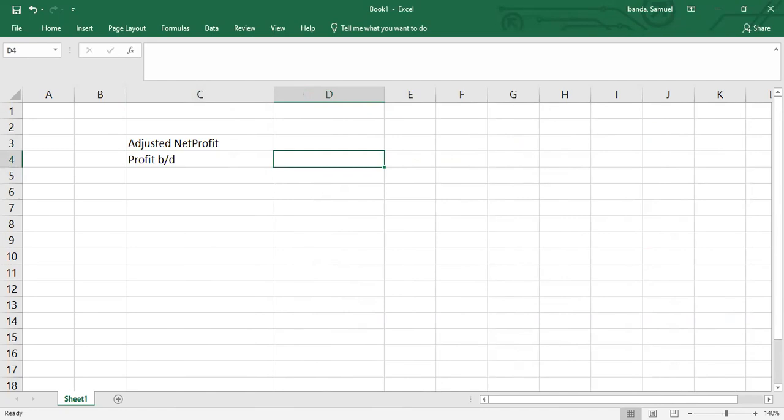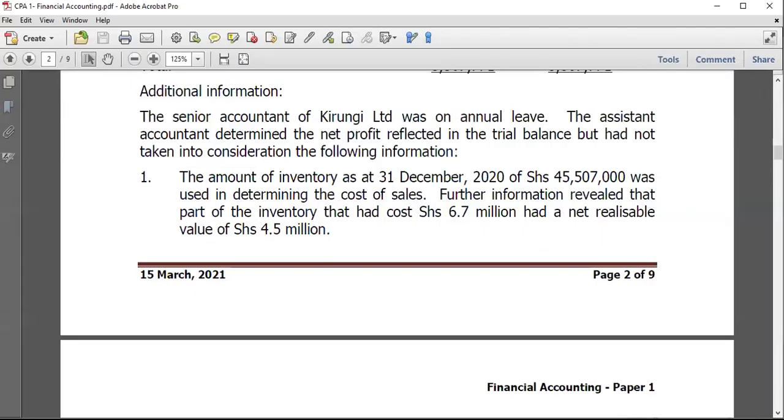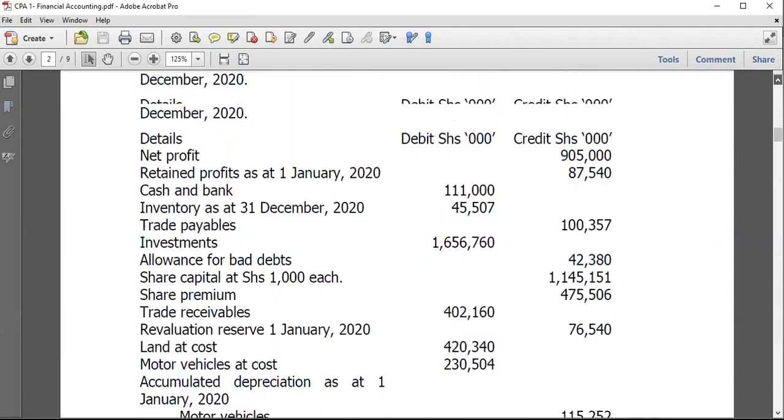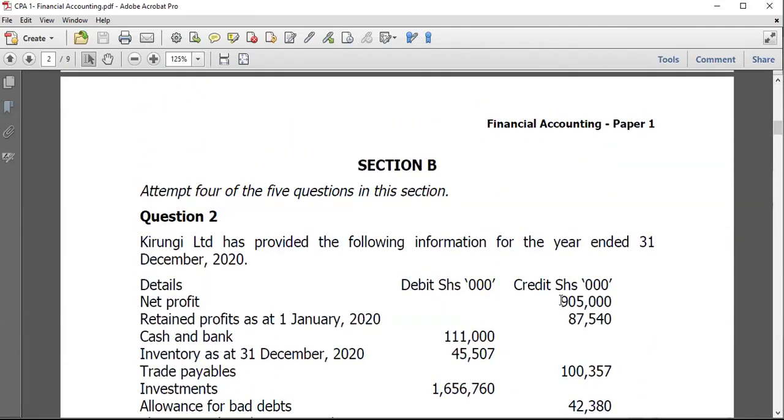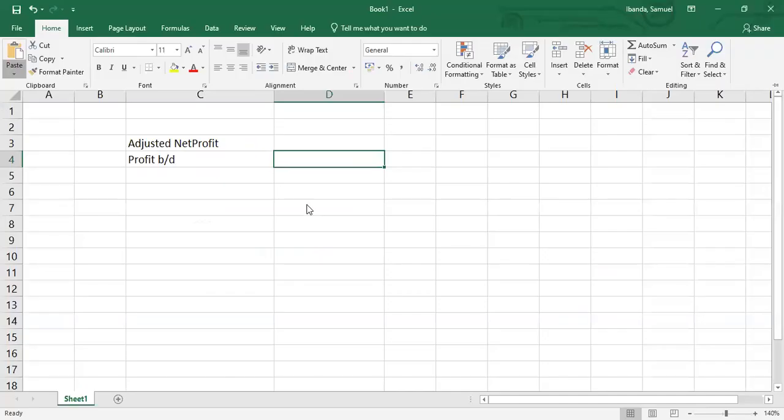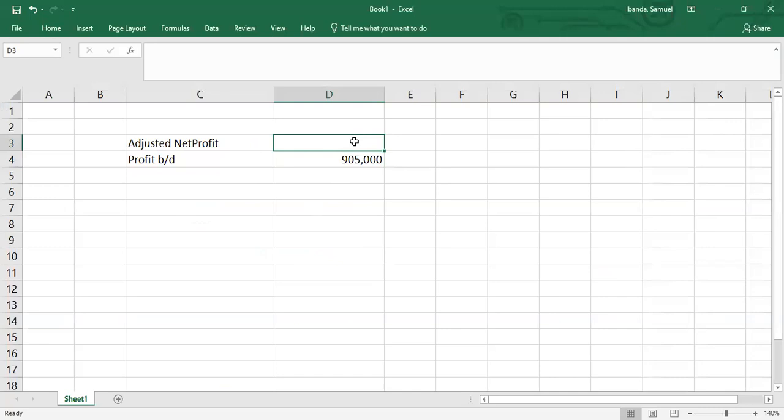So I'll go and get the profit that is brought down, which is 905, okay? That is the one that they have calculated. I'll put these amounts in shillings, 3 zeros, okay?